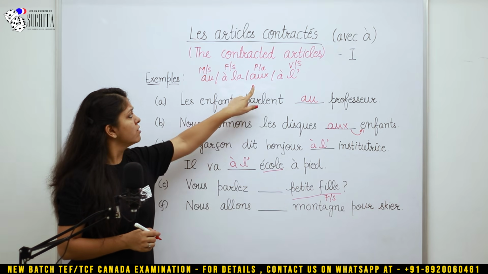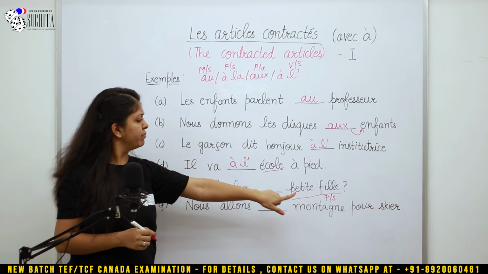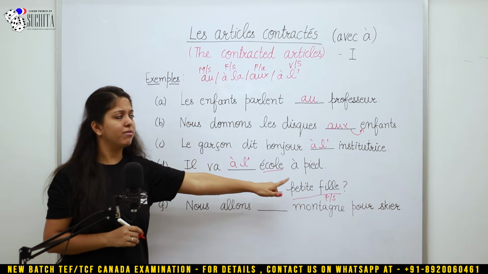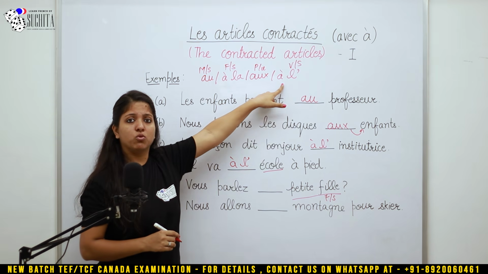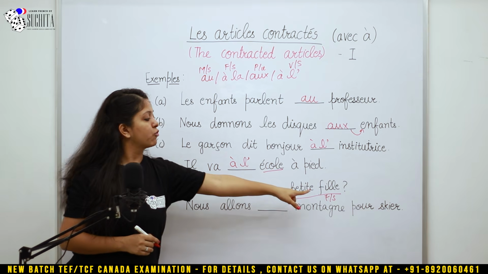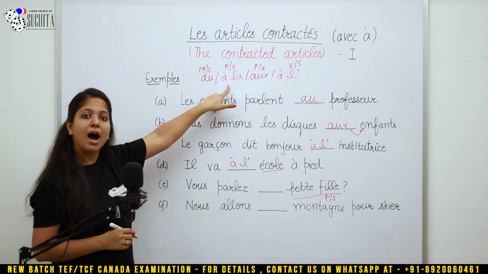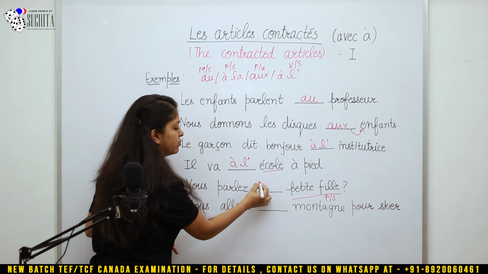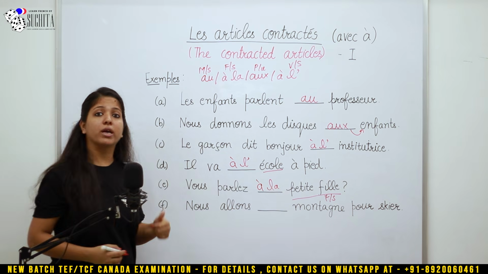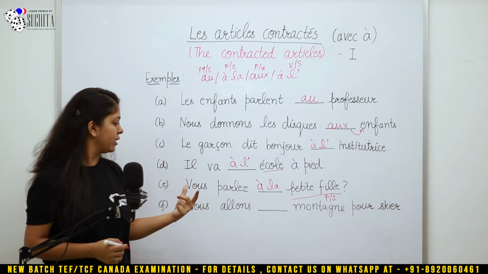It is not plural, so this option is ruled out. Then see, does it begin with a vowel? No, it doesn't, so this option is also ruled out. Then check, is it masculine or feminine? Of course, fille, that's a girl, that's feminine. Alors, vous allez utiliser à la. That's always the order. Always check plural, vowel, then check masculin ou féminin.